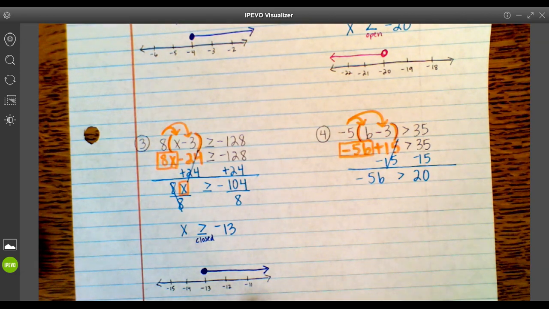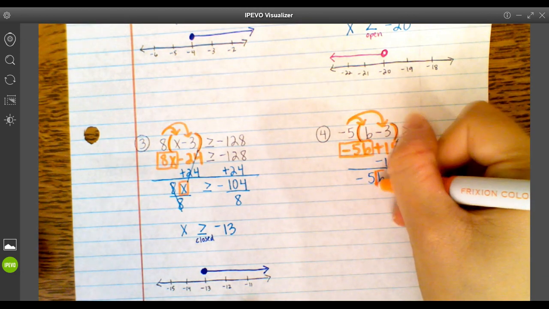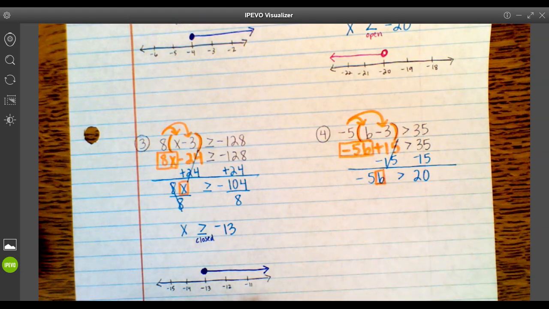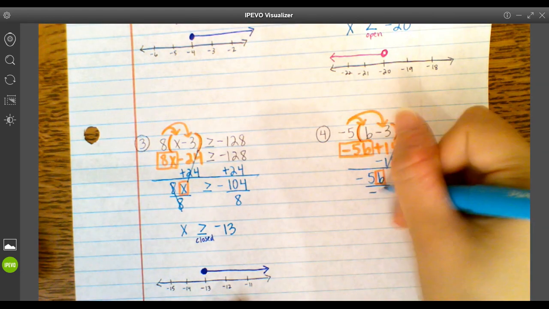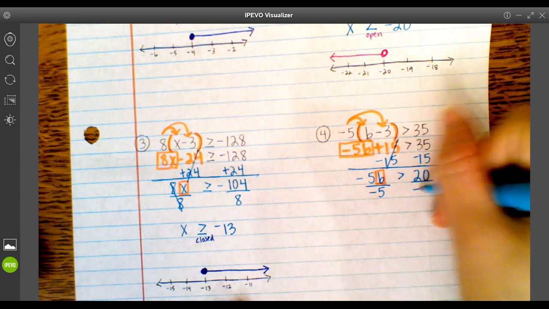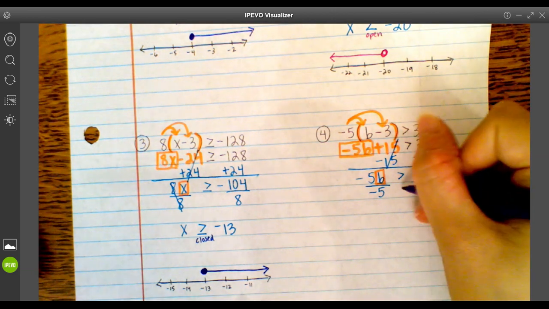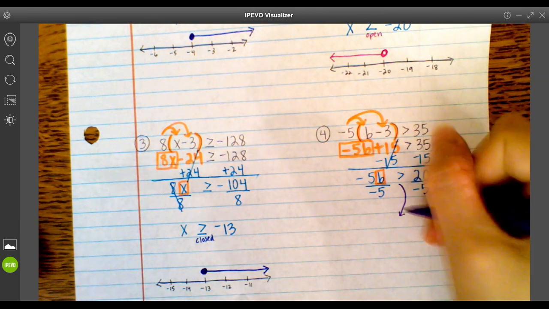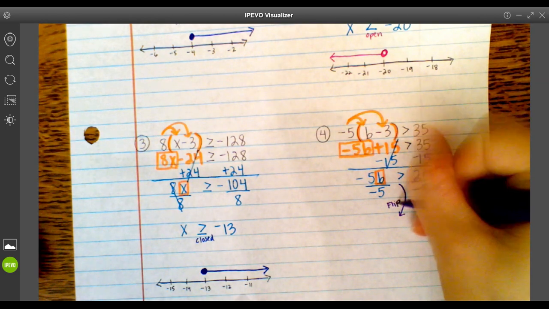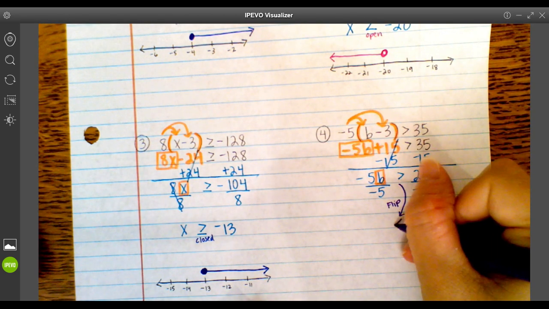But in order to get b completely by himself, we have to undo that -5 in front of me. So we're dividing by a negative. And when you divide by a negative, guys, fair warning, we must flip our sign right from the get-go.